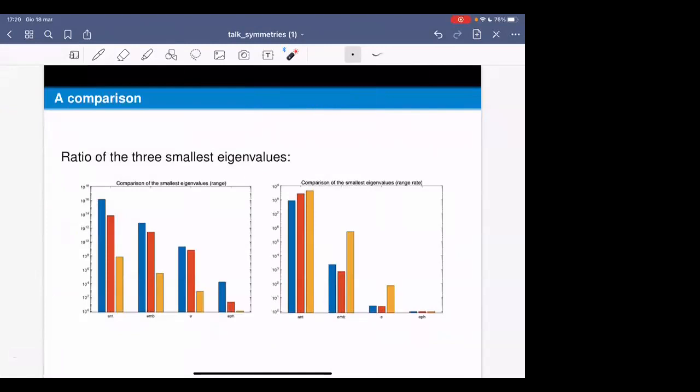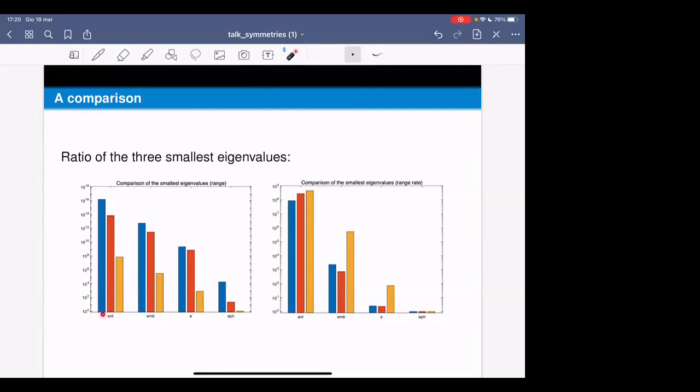And to summarize all these results, we calculated the ratio of the three smallest eigenvalues for each case. For each case, we take the three smallest eigenvalues, and we calculate the ratio between them and the three smallest eigenvalues in the basic model, so the one of the pure three-body problem, Earth, Mercury, and the spacecraft.